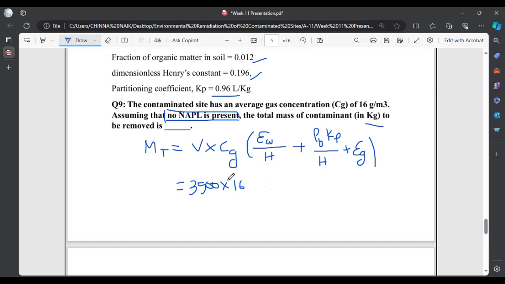Maintain all units in meter cube only. Whatever concentration we get in grams, otherwise here itself we can convert to kgs, using 10 power minus 3 for gram to kg.